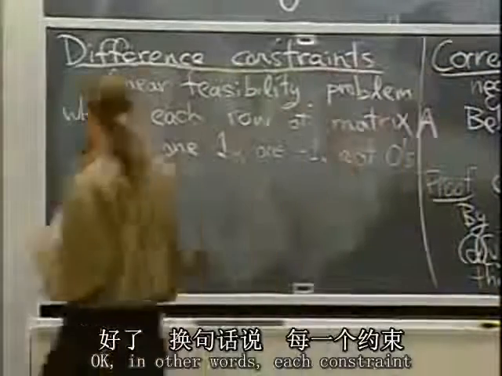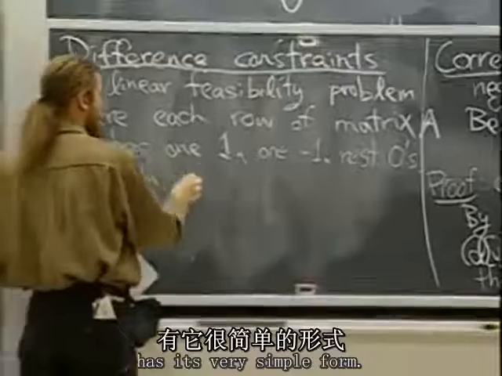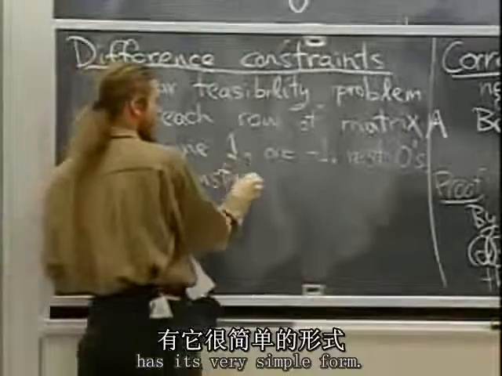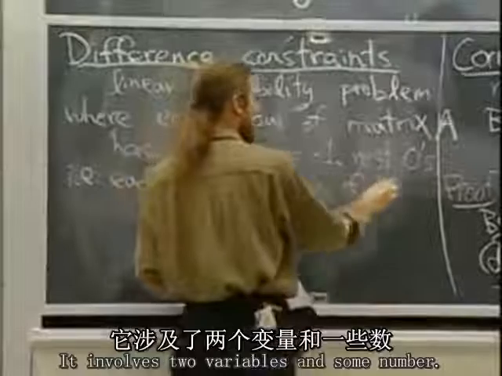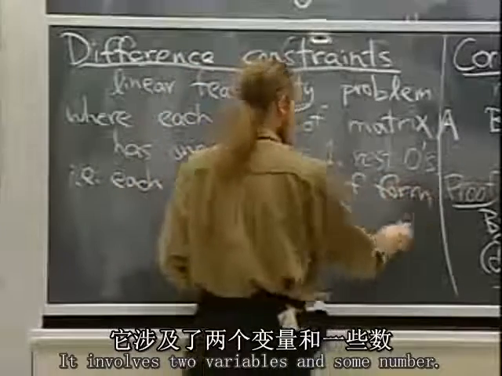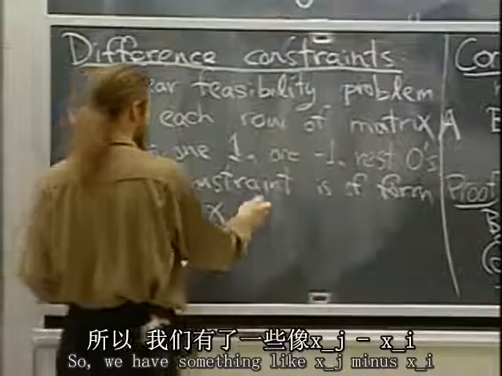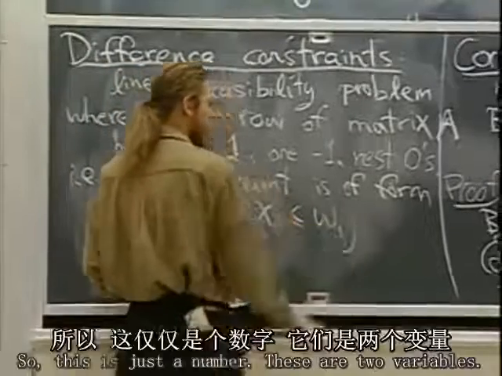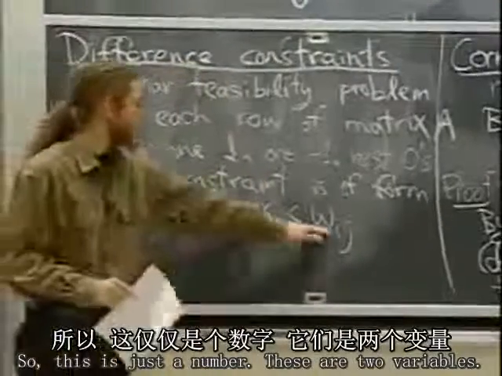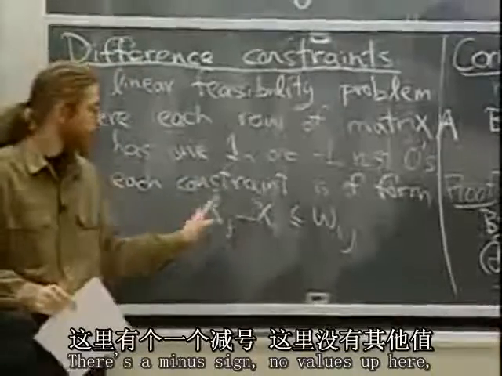Okay, in other words, each constraint has this very simple form. It involves two variables and some number. So we have something like xj minus xi is less than or equal to wij. So this is just a number. These are two variables. There's a minus sign. No values up here, no coefficients.